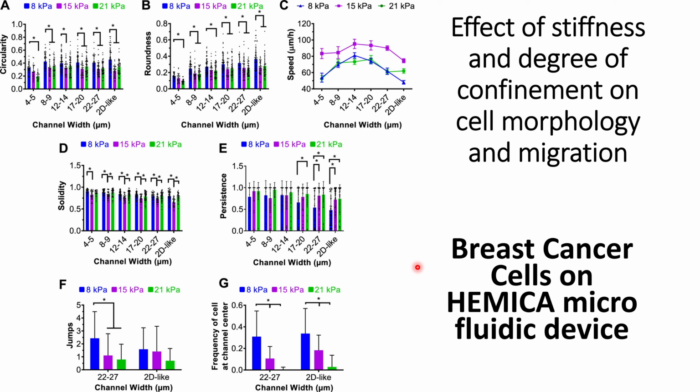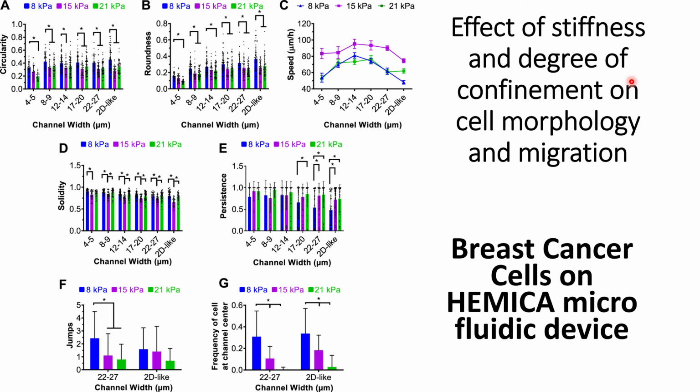So these results indicate the effectiveness of this Hemica microfluidic device to study the cells under different stiffness and confinement conditions, to get an idea of cell morphology and migration without using in vivo animal models.